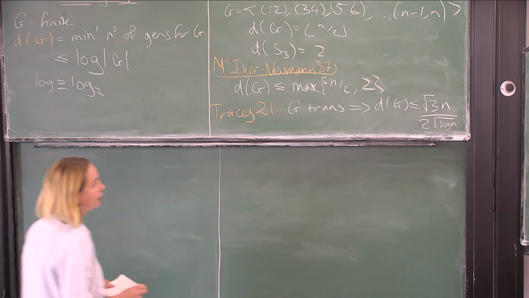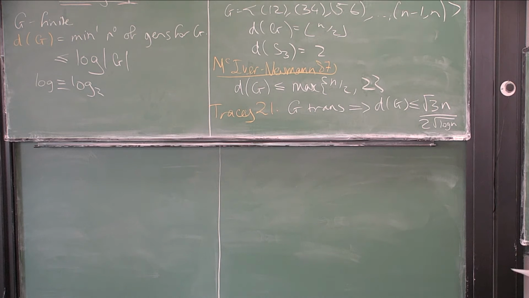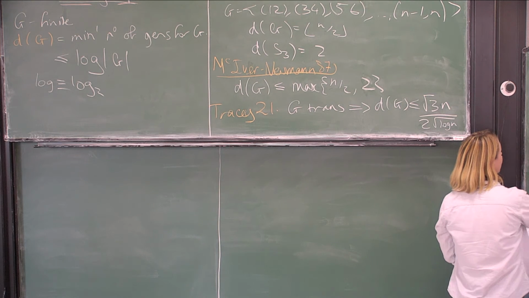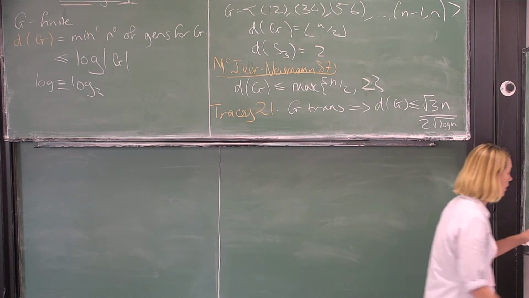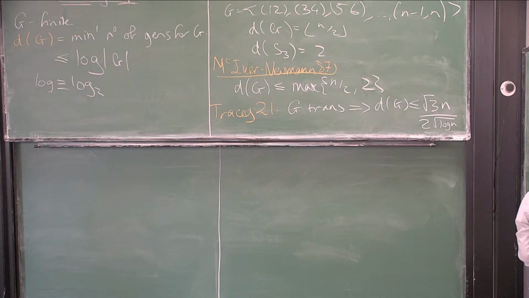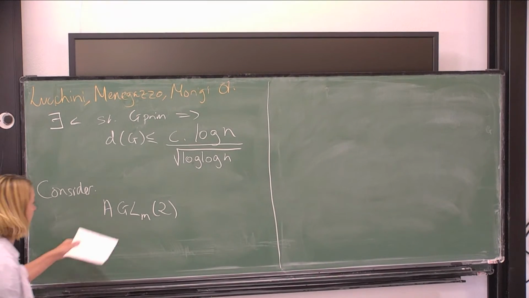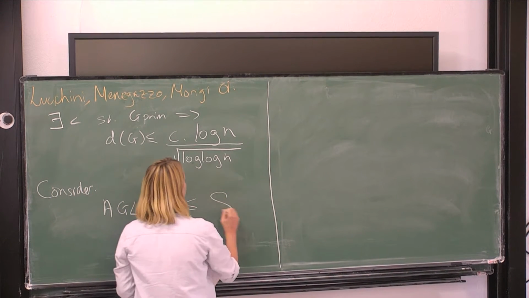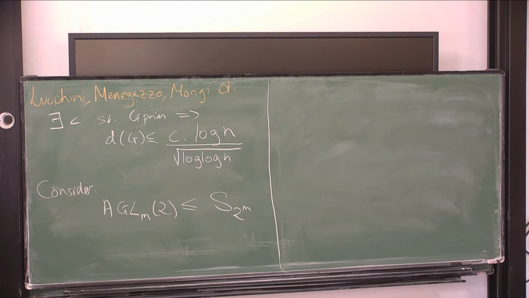Well, I don't have good families of examples here, but let me show you something that's almost a primitive group that we've seen, again, in various talks this week. So, consider AGL, the affine general linear group, in dimension m over GF2. That's a nice primitive group, and that's sitting inside the symmetric group on 2 to the n points.